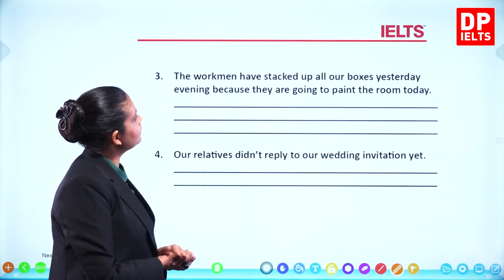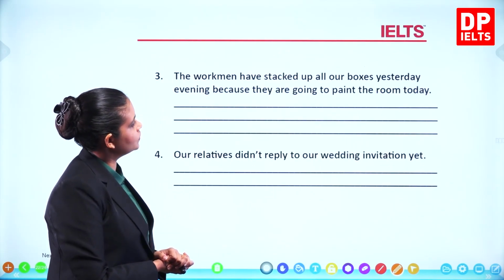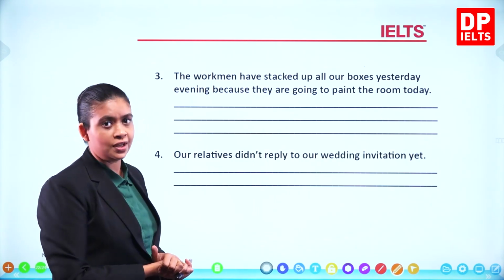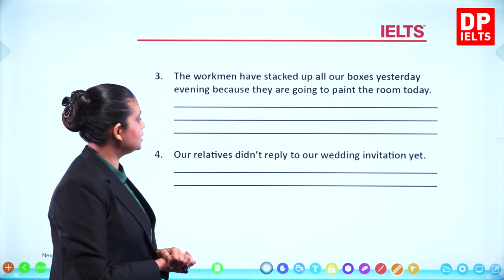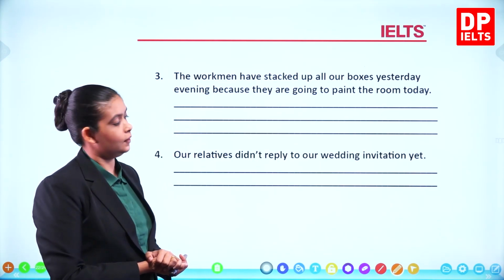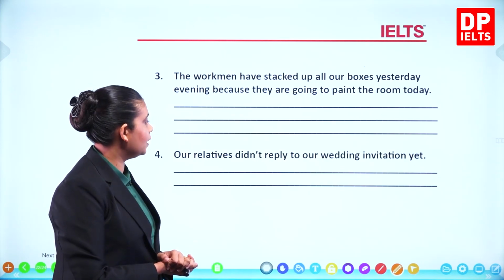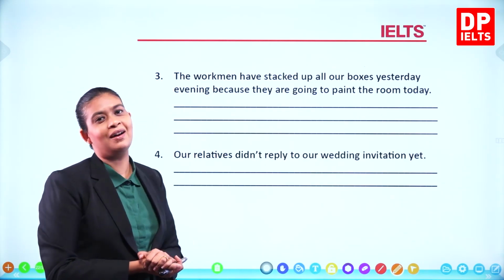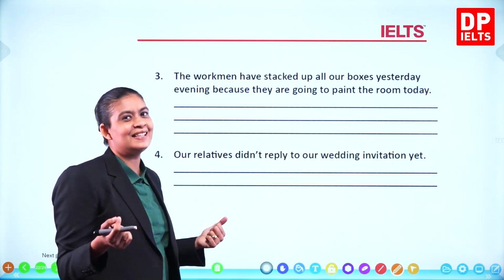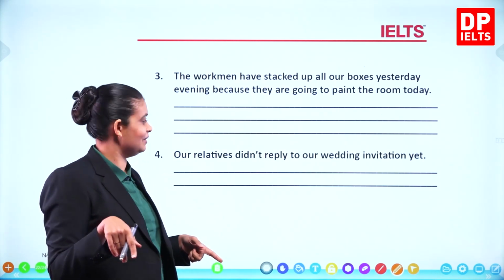The workmen have stacked up all our boxes yesterday evening because they are going to paint the room today. Our relatives didn't reply to our wedding invitation yet. Okay, so they didn't reply to our wedding invitation yet. Okay, so I think you would have got the answer with what I was telling, right?